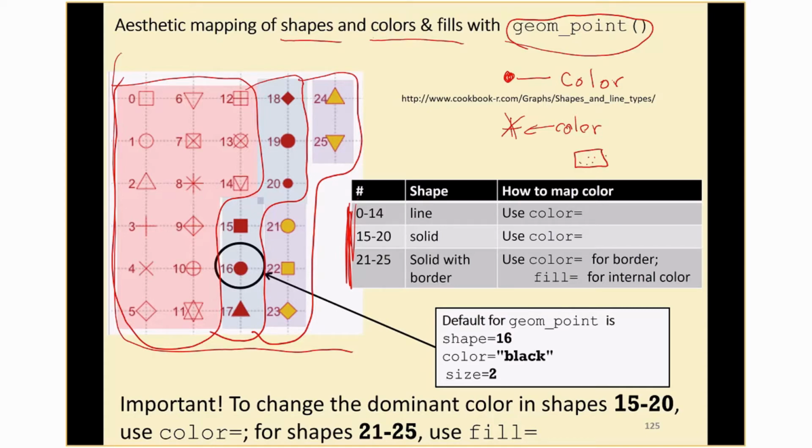The terminology here is a bit tricky. We're going to use the word fill to refer to the predominant color on the inside of the marker, and the word color just refers to the border. So that's what is being said here.